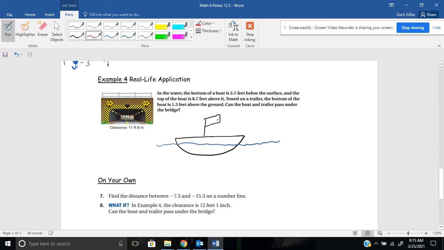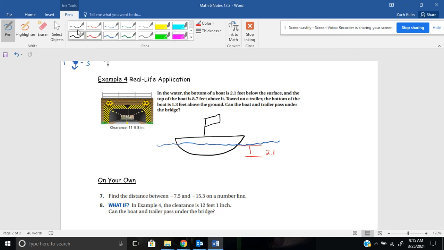And I know that the bottom of the boat is 2.1 feet below the surface. Okay. So that's 2.1 feet between the surface and the bottom of the boat. And the top of the boat is 8.7 feet above it.